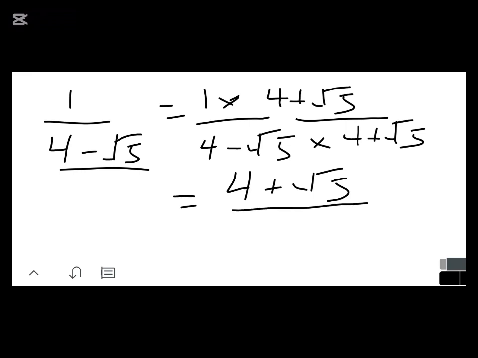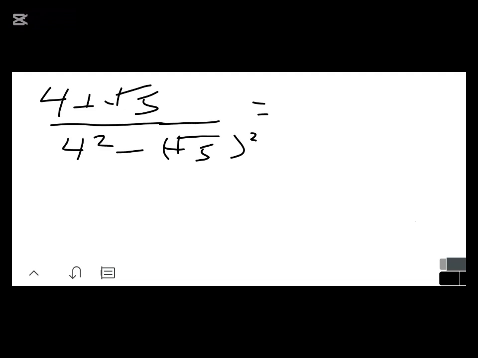So when you are multiplying 4 minus square root of 5 by 4 plus square root of 5, you treat them as difference of 2 squares, and you are getting 4 square minus square root of 5 all square. So we continue from there.